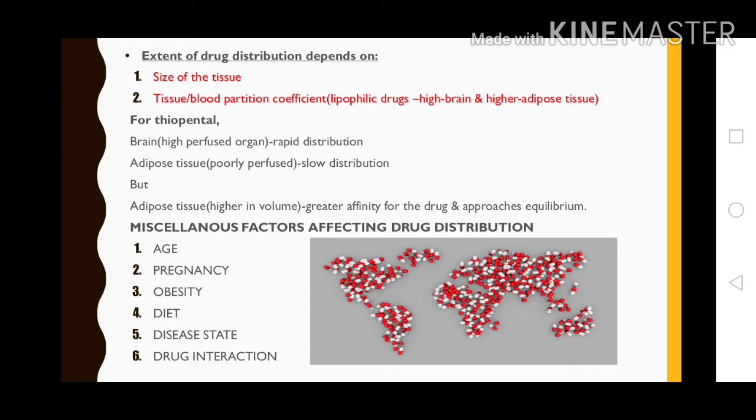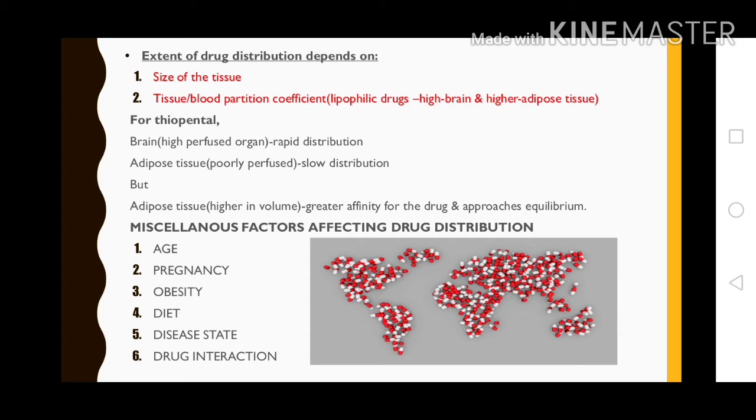For drugs like thiopental, which diffuse into both the brain and the adipose tissue: as you know, the brain is a highly perfused organ, so naturally the distribution is rapid, while adipose tissue, compared to the brain, is a lower perfused organ, so the distribution is slow.